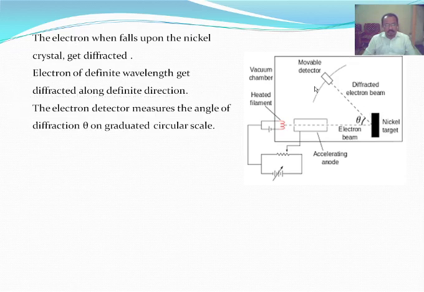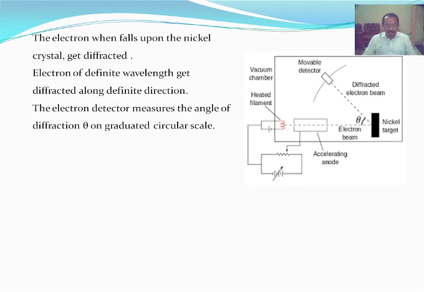Now here is the mobile electron detector, and here is the circular scale. With the help of this electron detector on the circular scale, if you move it, we will get the angle of scattering, angle of diffraction.